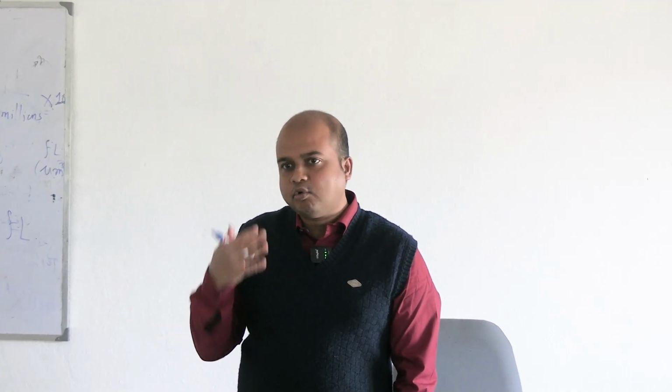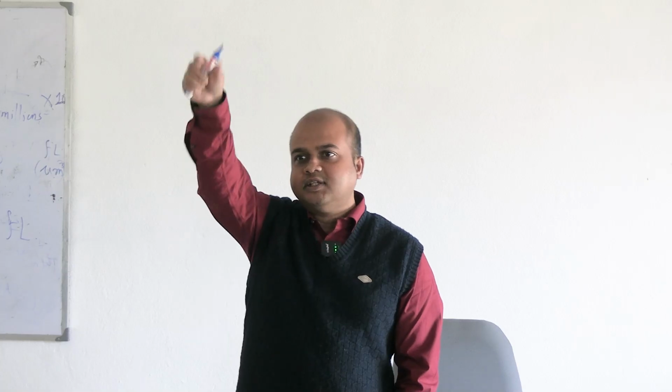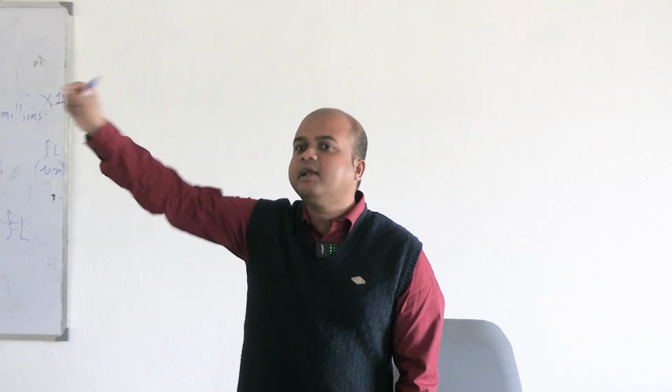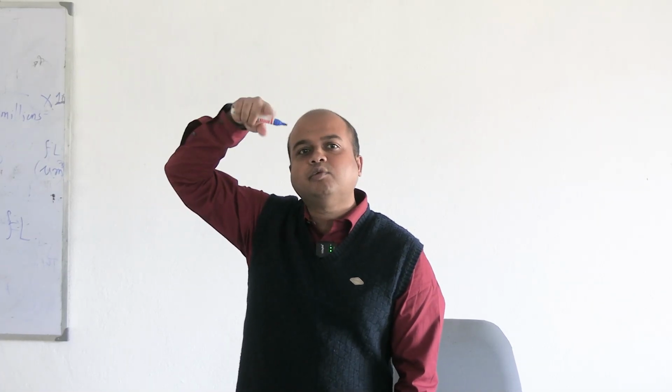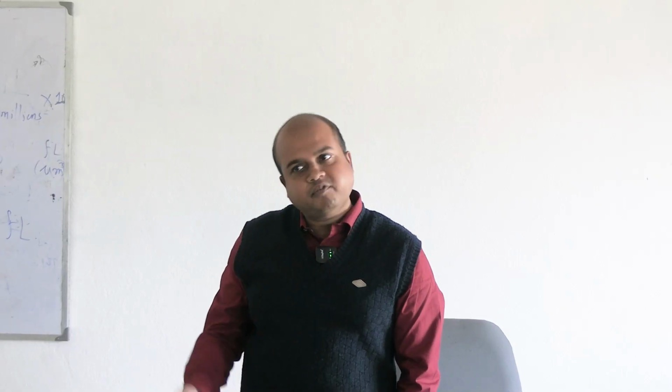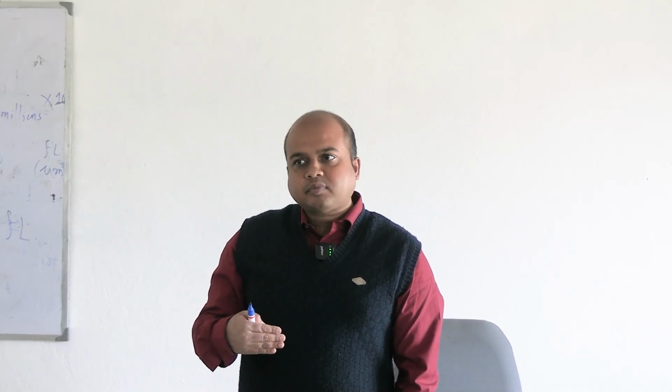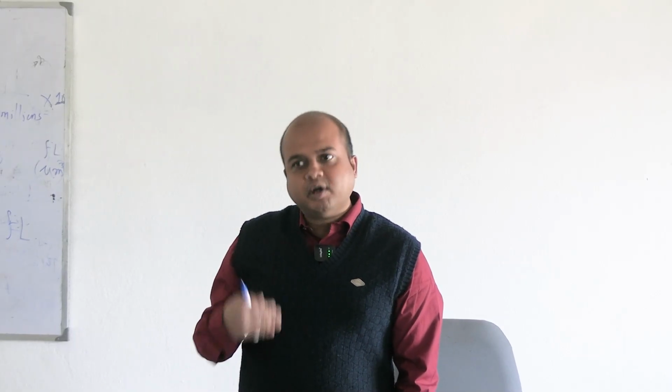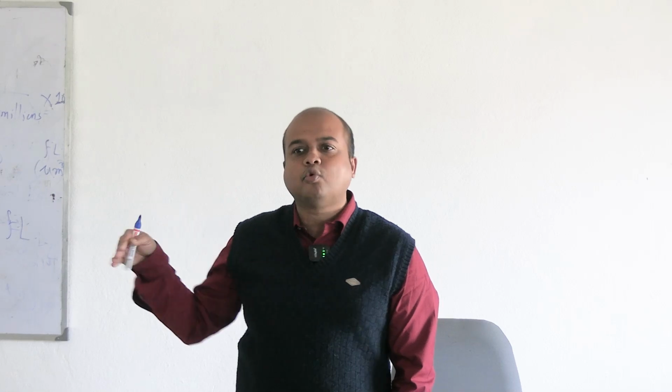Nothing to memorize, no formula to memorize, just 5.83 million. Instead of 5 into 10 to the power 11, you will write 5.83 into 10 to the power 11. At the last, you don't have to calculate the final answer, you leave it at so many femtoliters.